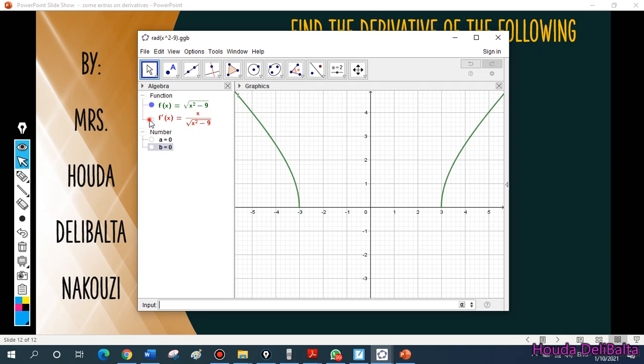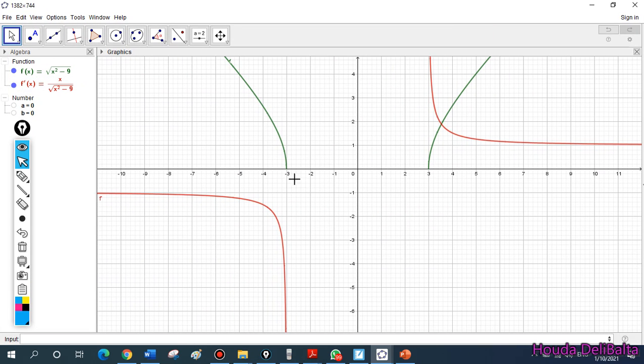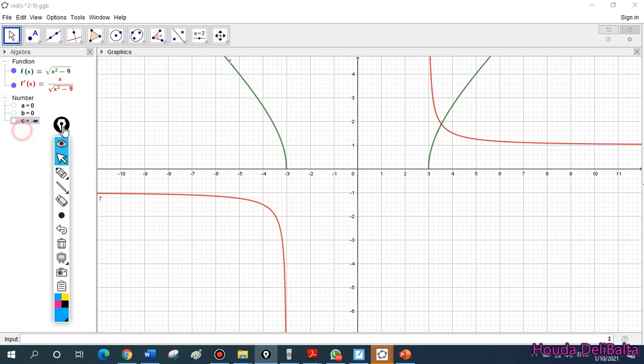While if you look at the graph of the derivative, here is minus 3 and here is 3. Look at the curve of the derivative. It's not defined at 3 and minus 3. F prime of minus 3 and f prime of 3 don't exist. Look, f prime of minus 3 gives minus infinity, and f prime of 3 will give plus infinity.